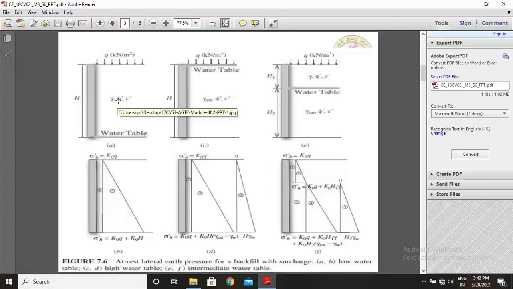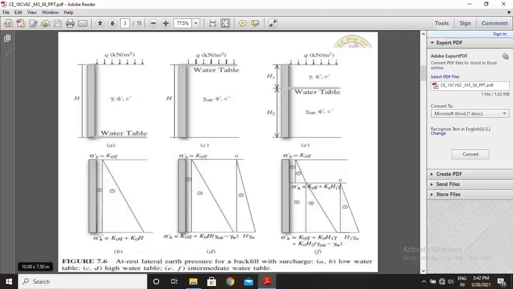The pressure distribution equation is sigma h dash equal to K0 into Q. And due to the backfill, the pressure distribution diagram is triangular, that is number 2. Number 2 is the pressure distribution diagram with respect to the backfill, and number 1 is the pressure distribution diagram due to the surcharge load, that is a rectangle.